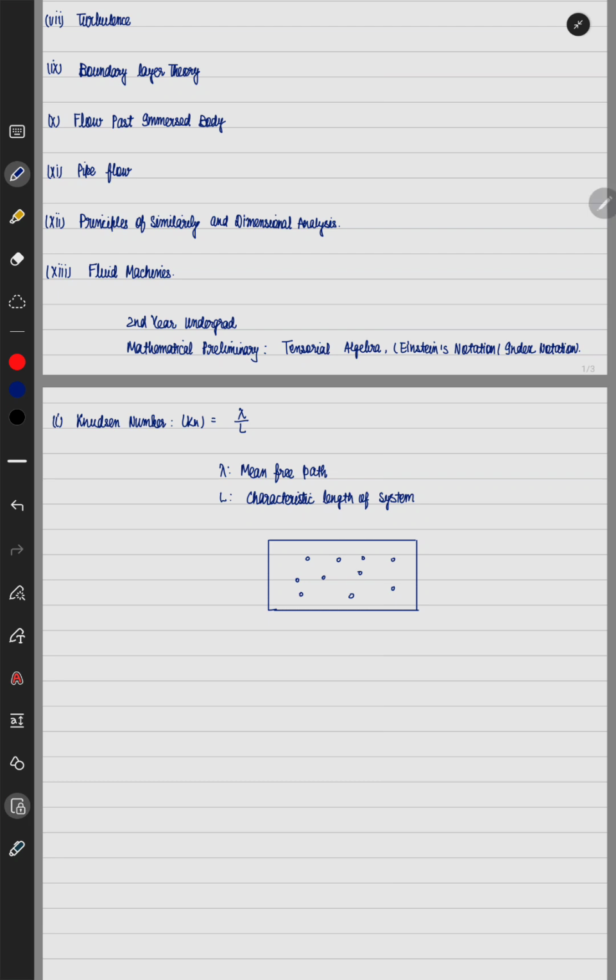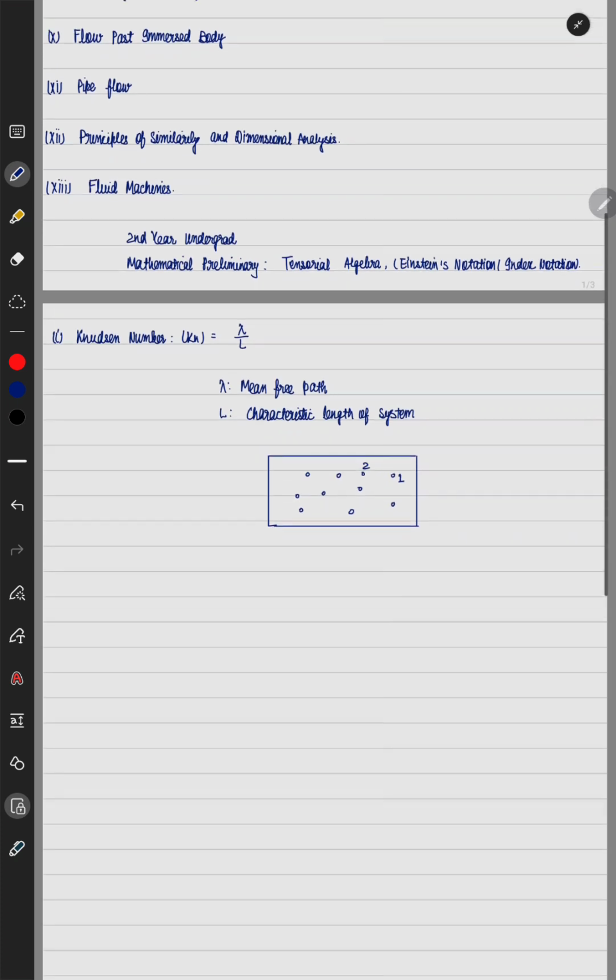After moving, suppose I have this molecule 1 and this molecule 2, there will be a certain distance traveled by molecule 1 before colliding with a different molecule. So the length that is traveled by molecule 1 or molecule 2 or any molecule in this system is called the mean free path.